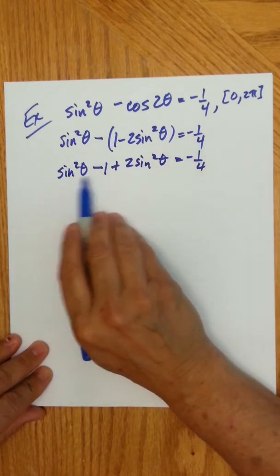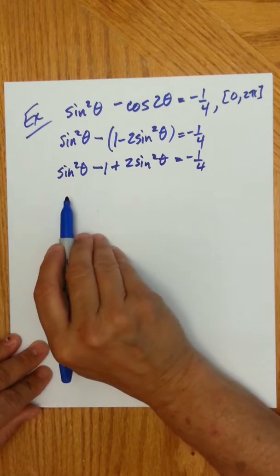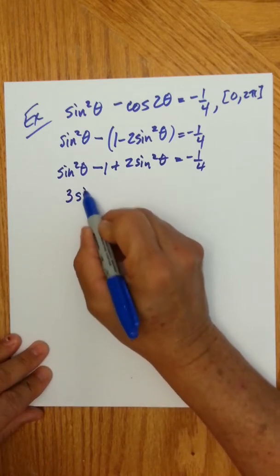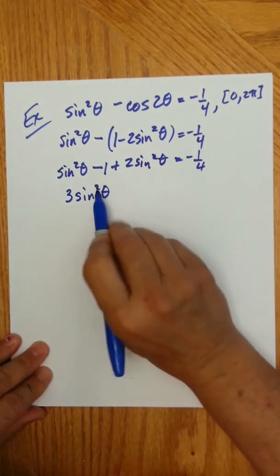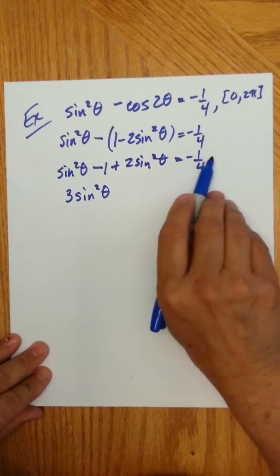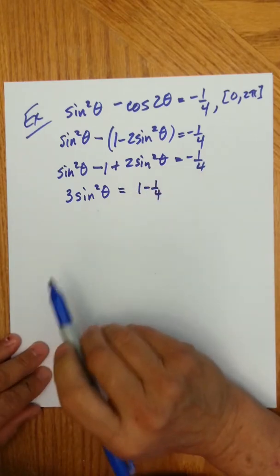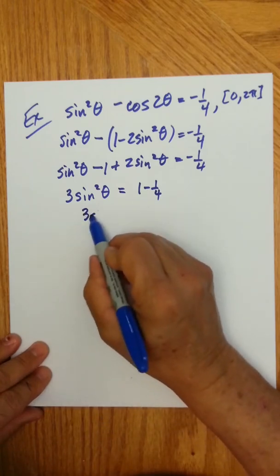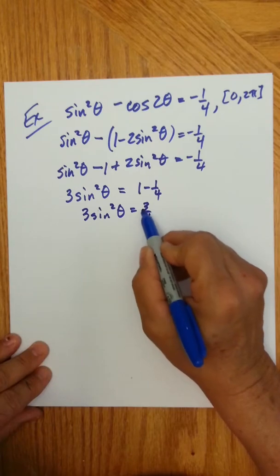Now I have 2 sine squared thetas and another sine squared theta for a total of 3 sine squared thetas, and then we have this -1, which I'm going to move to the other side by adding 1. So now I have 3 sine squared theta equals 3/4.